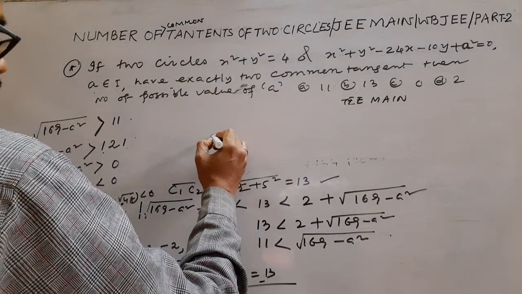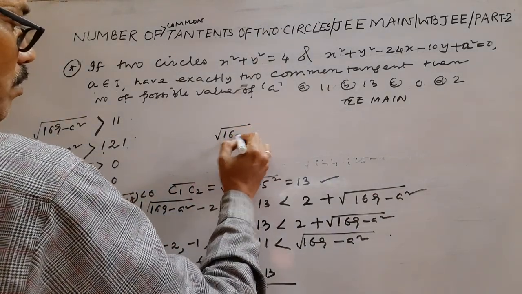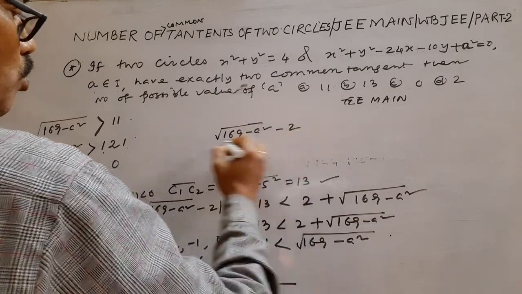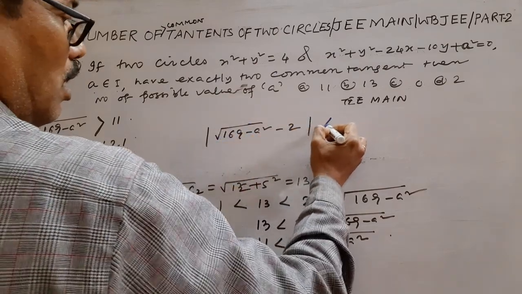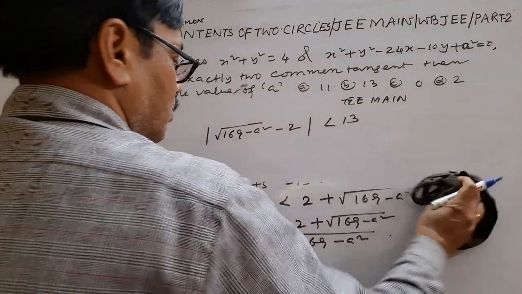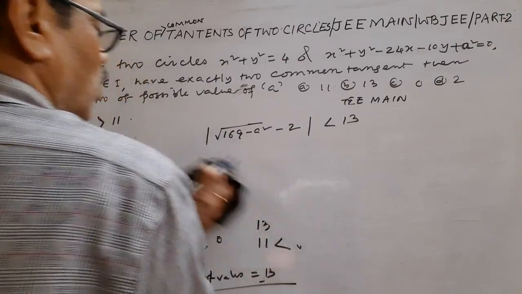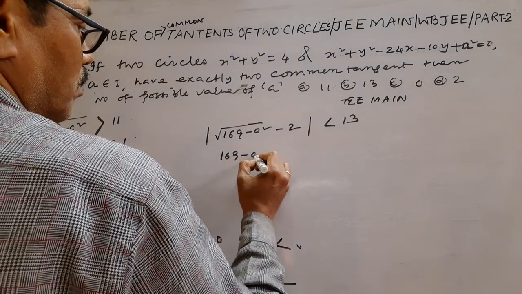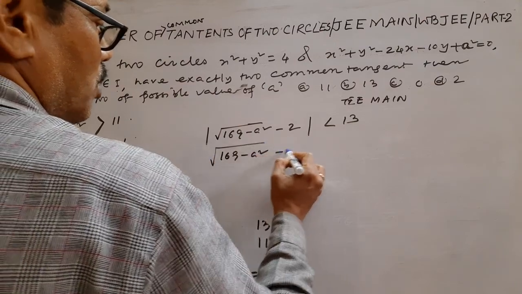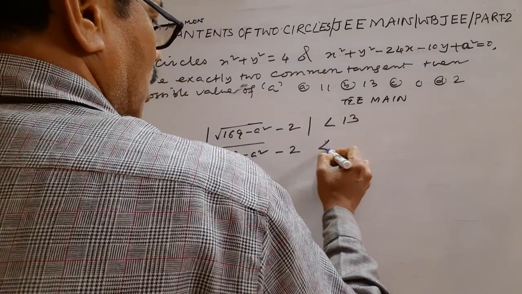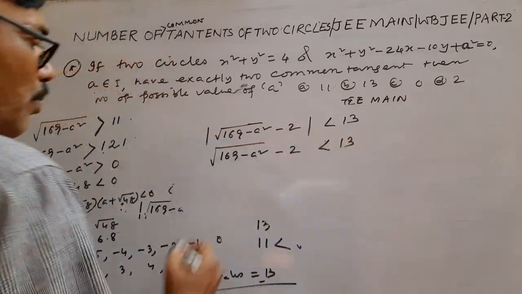Look, |root of 169 minus a square minus 2| less than 13. So this is one more condition. If we take the positive one, suppose this is greater than 2, so this is less than 13.